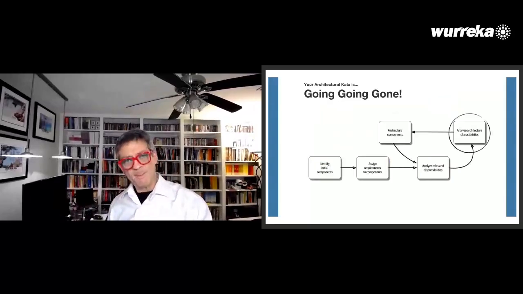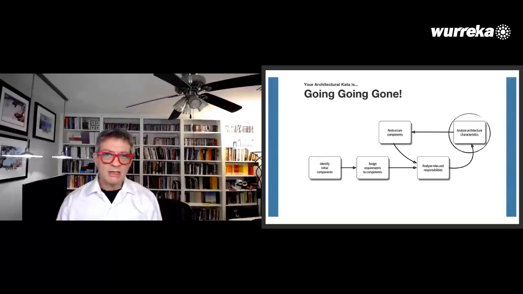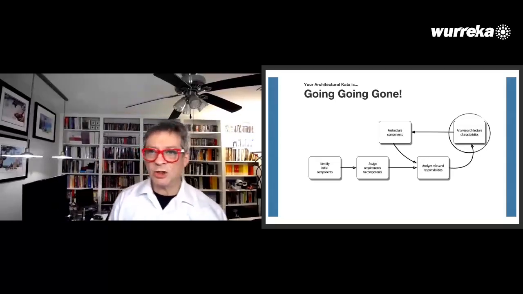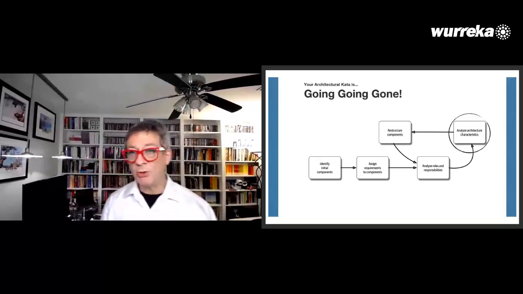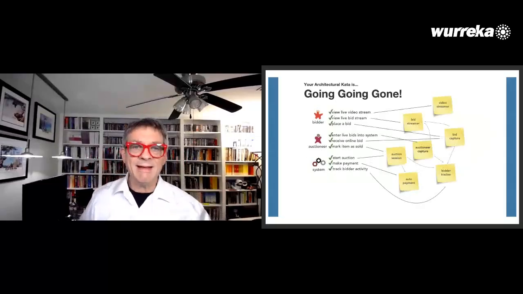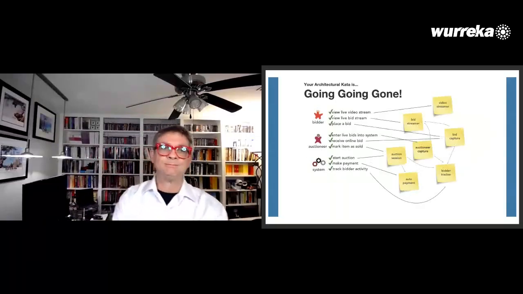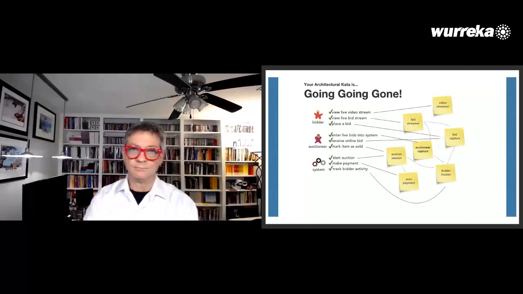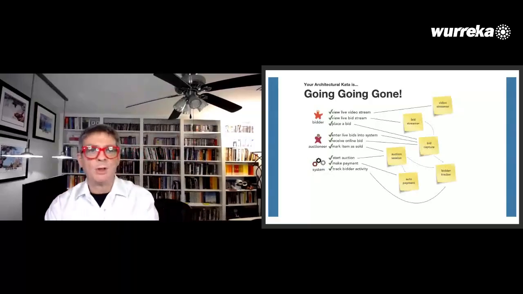But wait a minute. Remember this flow chart that we were talking about? Now we need to analyze architecture characteristics on the components that we have now. And now we see a problem. Let's go back to the original diagram here.